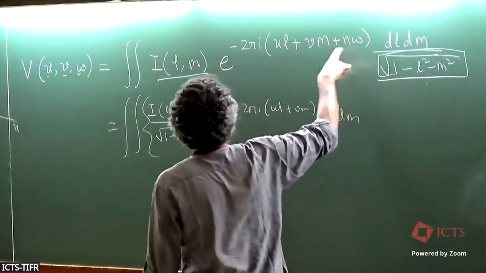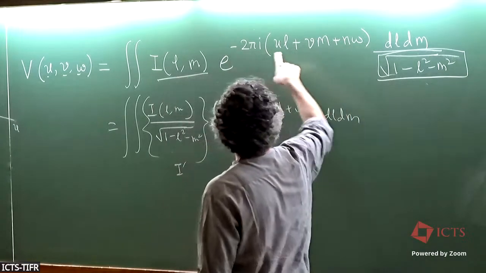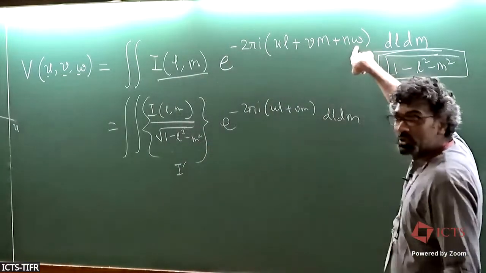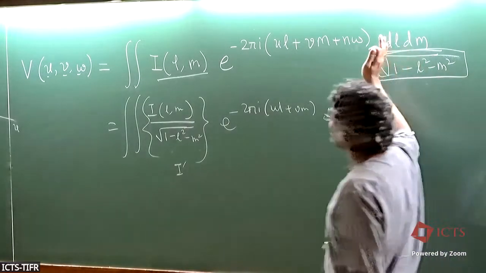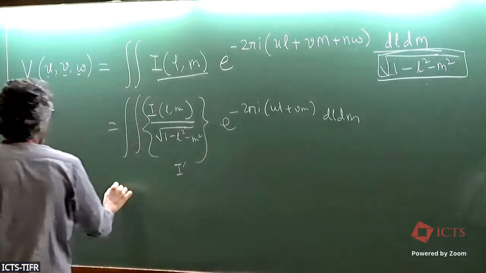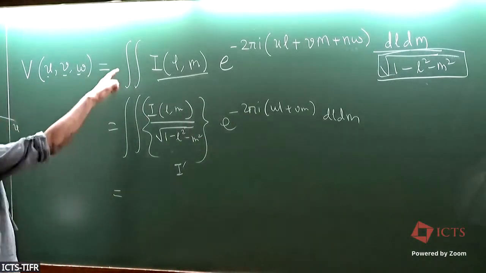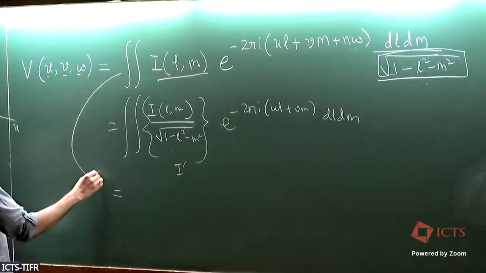So I get a factor which is e to the power minus 2 pi i w that does not depend on L or M. So I can pull that out of the integral. And in that other case, it's coming from here.